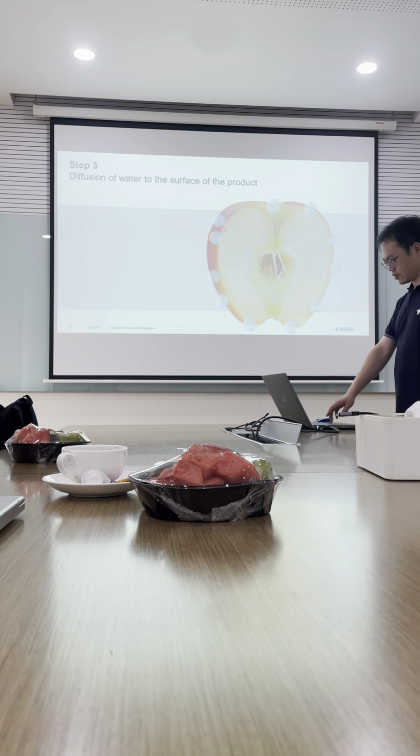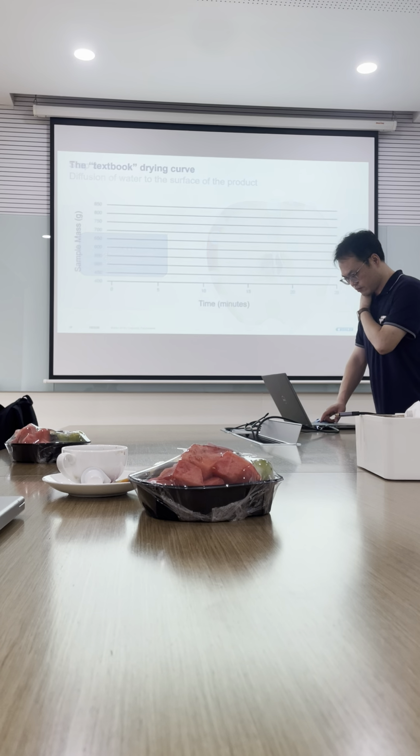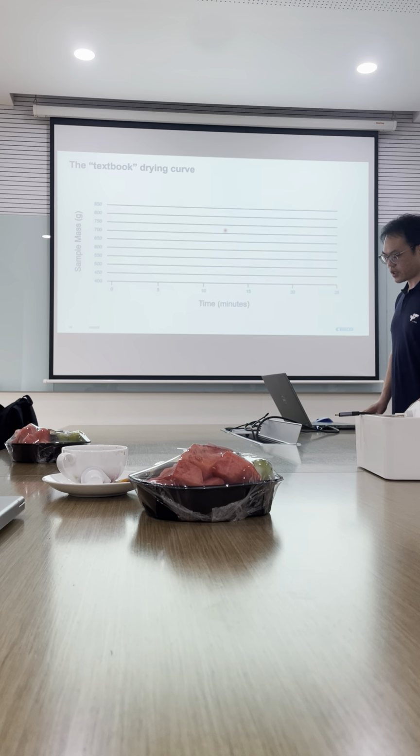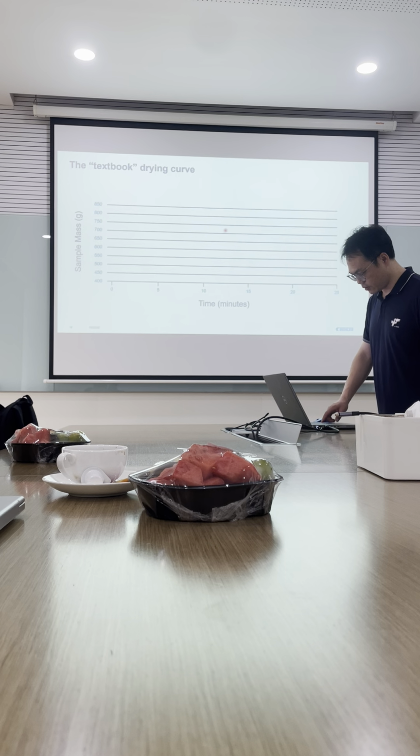Step 3. The diffusion of the water to the surface of the product is a function of the product composition, the size, and the moisture content. Every product has its own drying curve, so let us explain the curve.